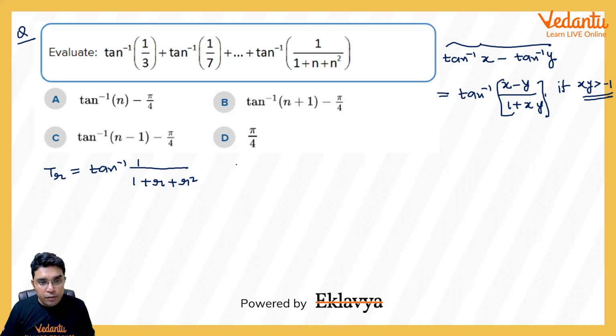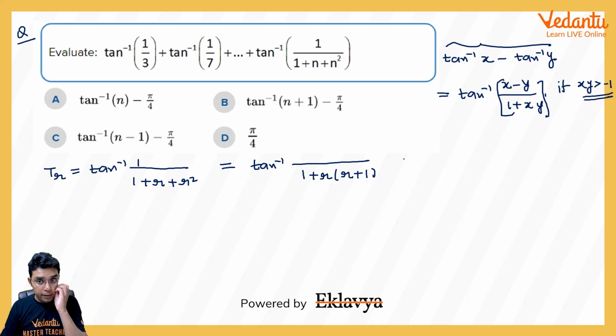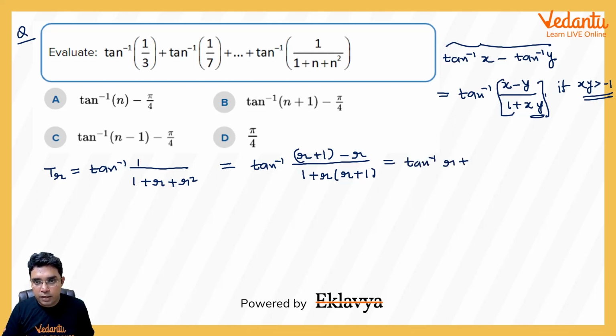So here we can write this as tan inverse, and we can write this as 1 plus r into r plus 1. Okay, and we want the difference of these two in the numerator. So I think it has become very easy now to see that it will become r plus 1 minus r, that's it. Okay, so you can see it will be now tan inverse (r plus 1) minus tan inverse r.